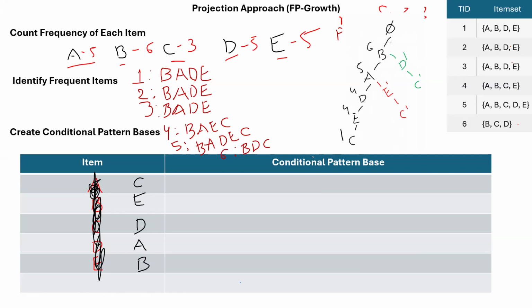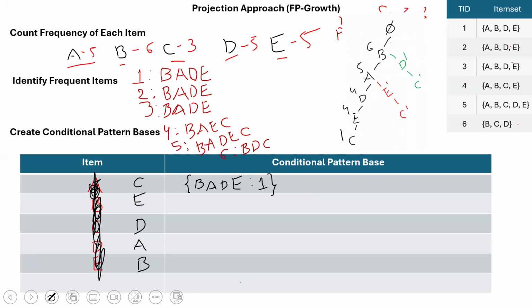Now how do we construct this conditional prefix tree? Find out all the paths to C. The end item is C now. Find out all the paths to C and give that as 1. Here is one of the paths: B, A, D, E, and the support of C in this case is 1.